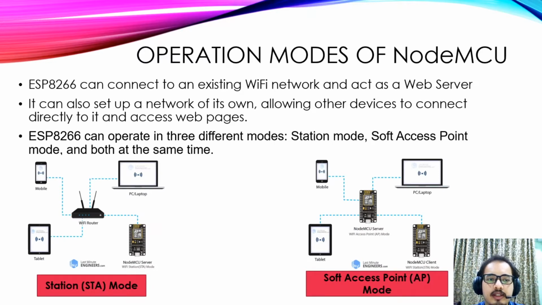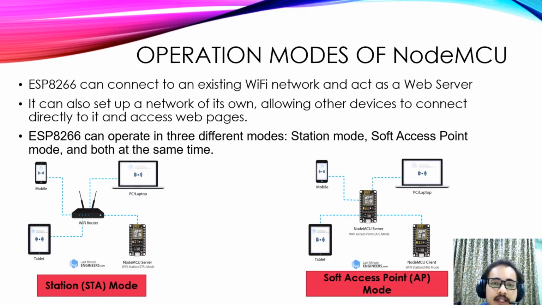Okay, here are the operation modes for the NodeMCU. This NodeMCU can connect to an existing Wi-Fi network and act as a web server. It can also set up a network on its own, allowing other devices to connect directly to it and access its web page.